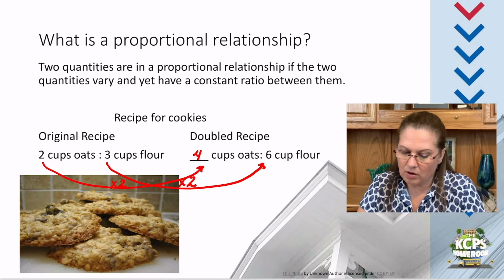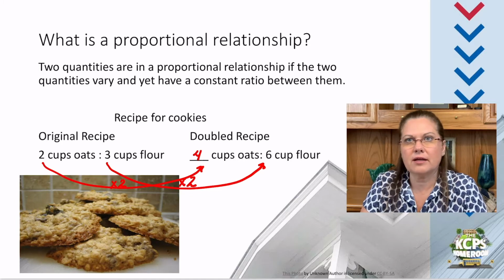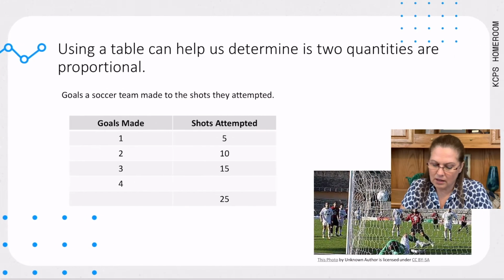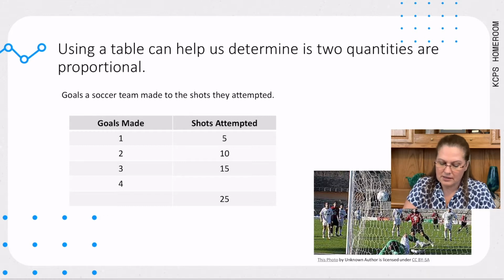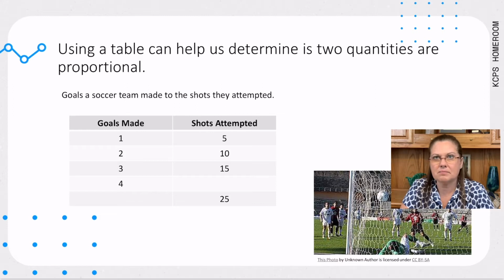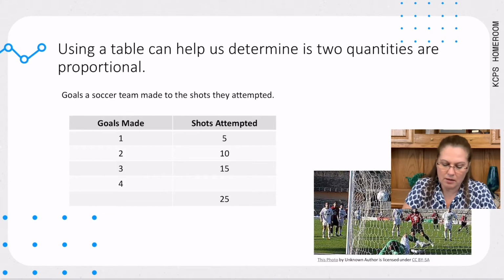Another example that you might be familiar with is when you play soccer. I have a table demonstrating soccer goals to attempts. You'll notice for every 1 soccer goal, they make 5 attempts. When we're looking for a ratio, we're looking for the rate of change between our x value and our y value.